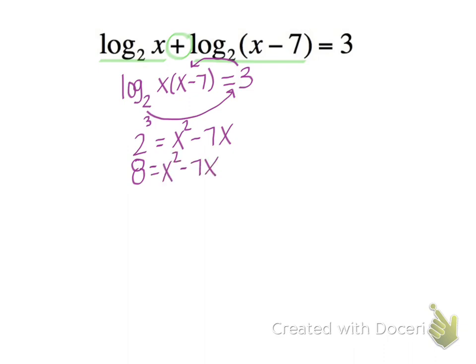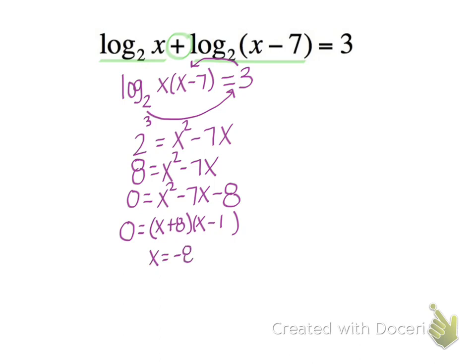And so if we get everything to one side so we can solve this quadratic, we'll subtract an 8 from both sides. We now have a nice quadratic that we can try to factor or do the quadratic formula. Two things that multiply to negative 8 but add to negative 7 would be positive 8 and negative 1. And we get two solutions here for x, negative 8 and positive 1.